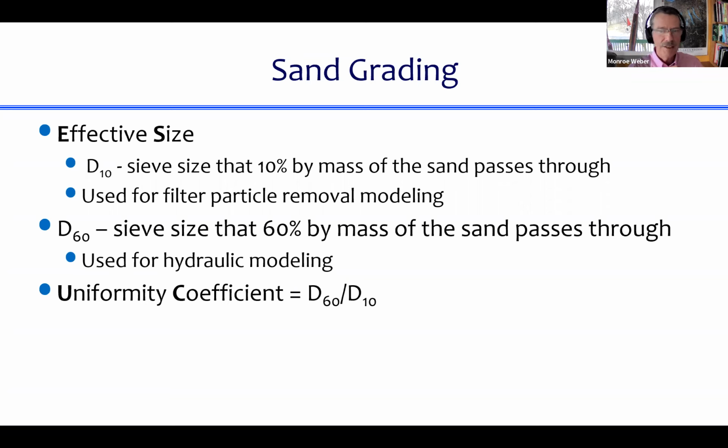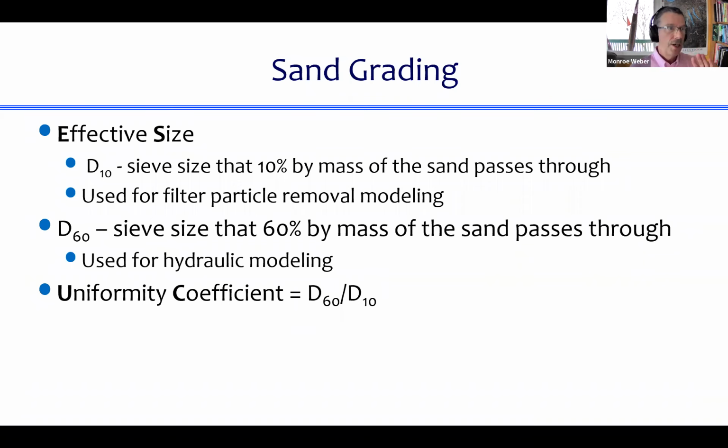What you would like is for those two sieve sizes to be close to the same, meaning that you have sand grains that are pretty uniform in size. So a uniformity coefficient of 1 would mean that the same sieve that holds 60% of it also holds 10% of it, which isn't quite possible, but it's like they're really, really close to the same size.